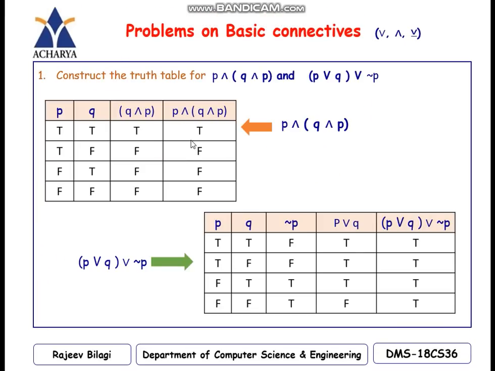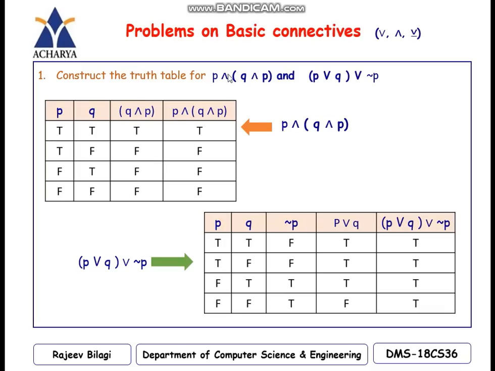We will see some other problems on how to write truth tables for various basic connectives. We will start with a simple example. Construct the truth table for the different compound propositions.